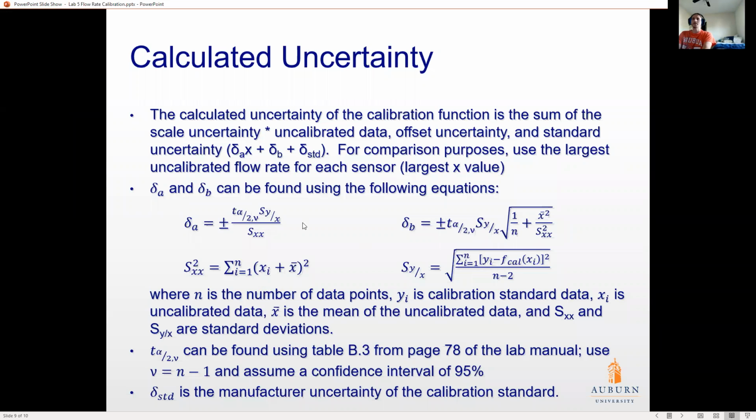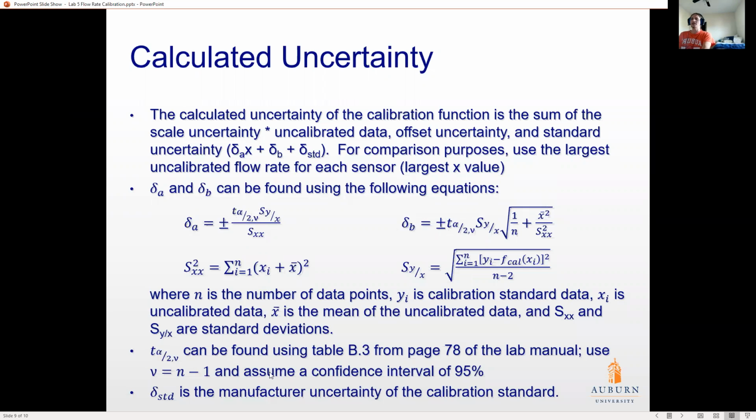So we have these two parts of your uncertainty. You have del A, which is the scale uncertainty, and you have del B, which is the offset uncertainty. They both include this T value. There is a table in the lab manual that helps you find what that T value is.